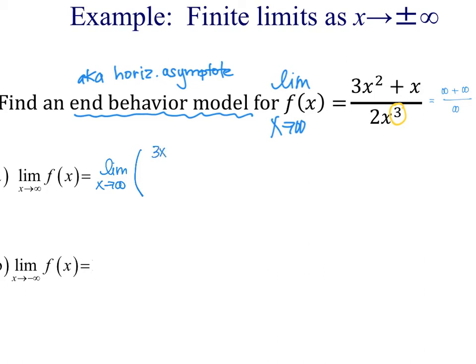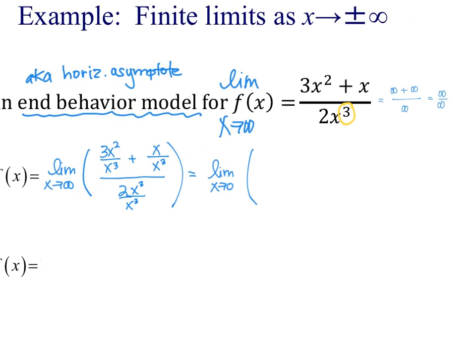So 3x squared, that term divided by x cubed. And then x, that term divided by x cubed. And then the denominator, 2x cubed, that term divided by x cubed. Equals limit, and then my parentheses. Let's reduce.